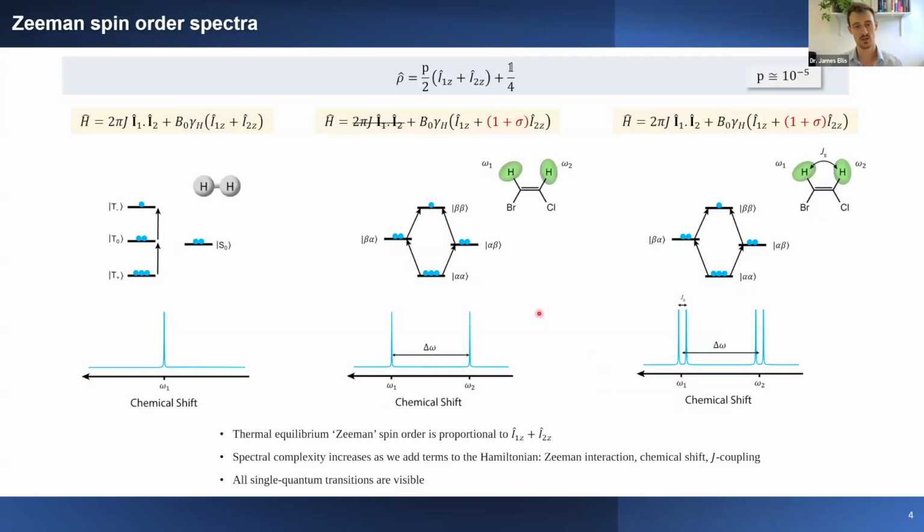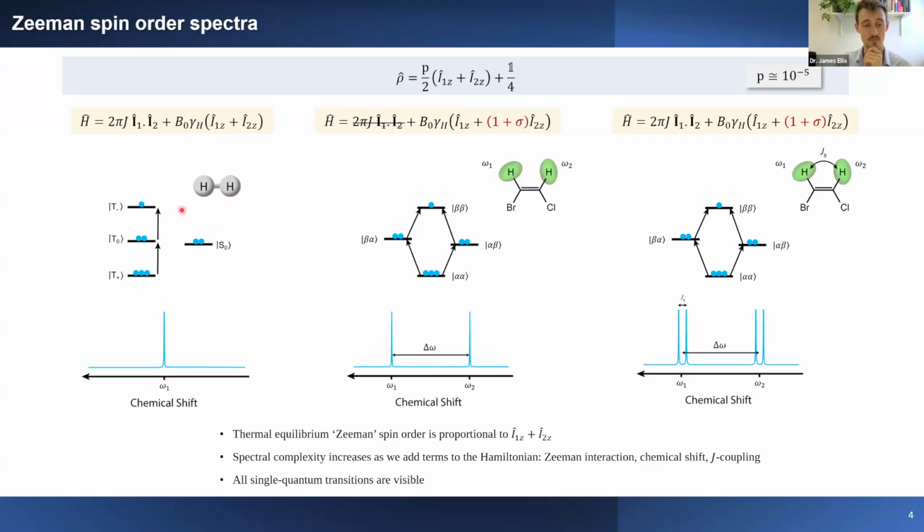All right, so let's paint a picture then, we'll build up complexity in a PHIP system. So the first thing we can have is just a hydrogen molecule, and in our Hamiltonian, we have a J coupling between the two hydrogens, and we have this Zeeman term if the hydrogen's in a magnetic field.